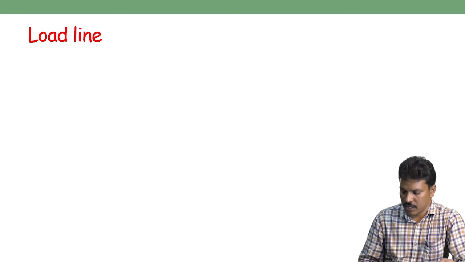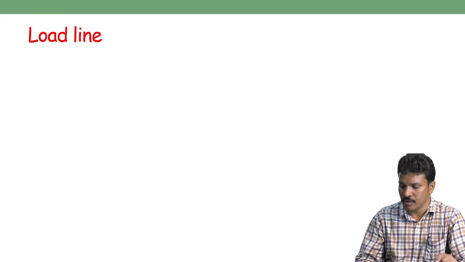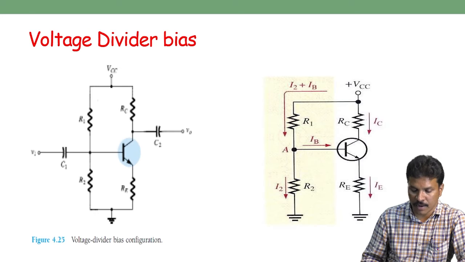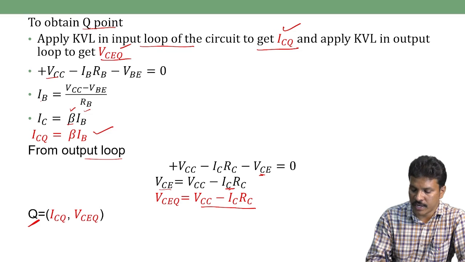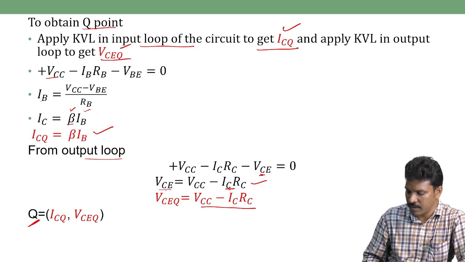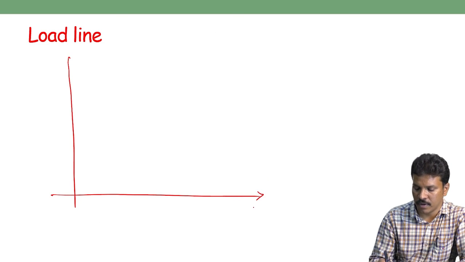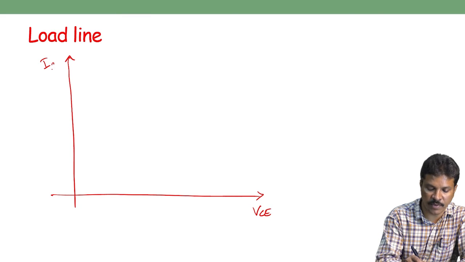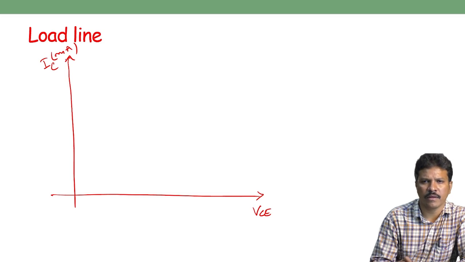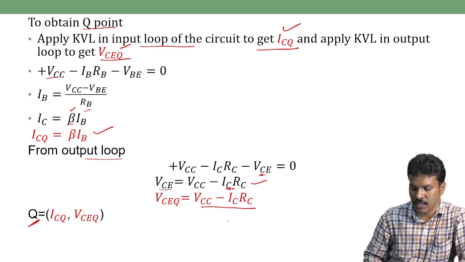So if you take the load line and Q point in this diagram, what is the load line for this equation? VC is equal to VCC minus IC RC. If you take the diagram, this axis represents the VCE, and this axis represents the IC in milliampere. What is the maximum extreme point on the VCE axis?